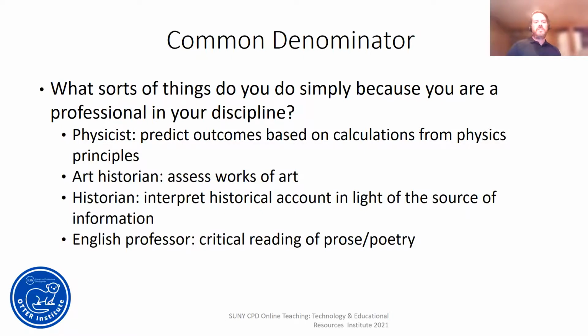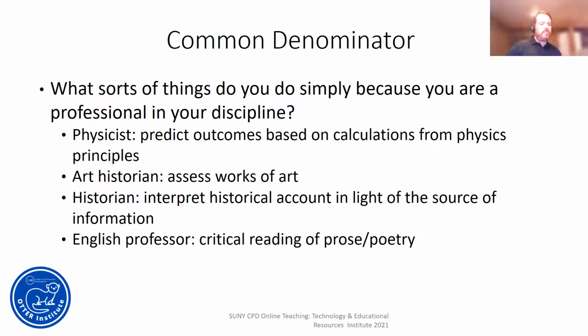It challenges you to think, now I'm not expecting my students to become professional physicists, art historians, English professors, but I want them to be able to do things that look somewhat like what they do, at a developmentally appropriate level for your students, depending again on the level of the course and all the context and constraints that you just listed in the previous activity.